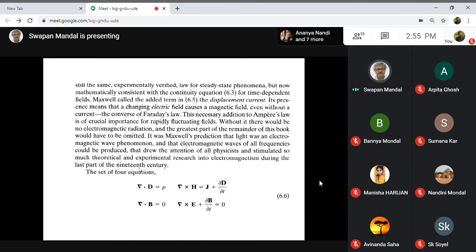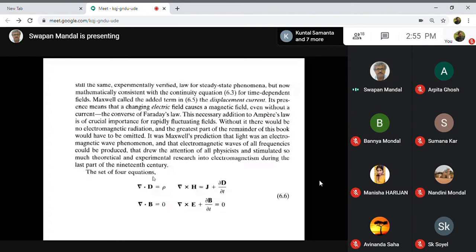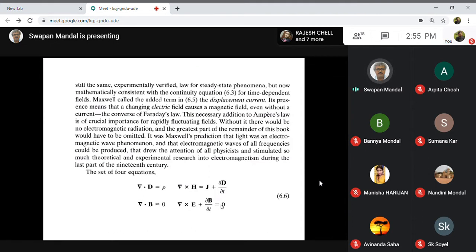Therefore, we combine the four equations and call them Maxwell's equations. So these are the four Maxwell's equations, although the contribution of Maxwell is only through Ampere's law. In some sense, we have combined the electric and magnetic field through Ampere's and Faraday's laws.